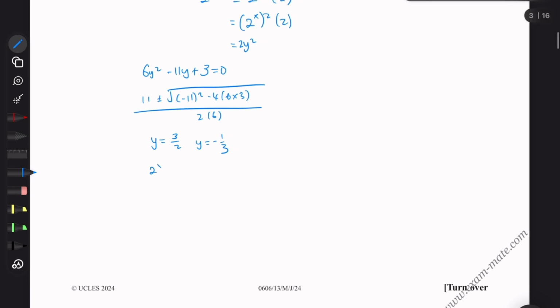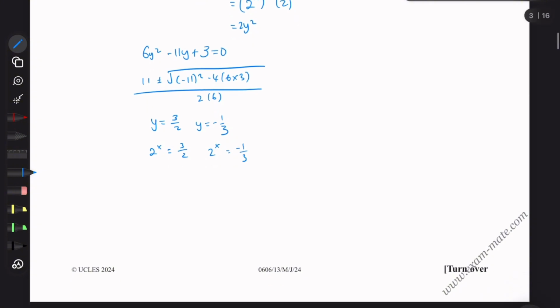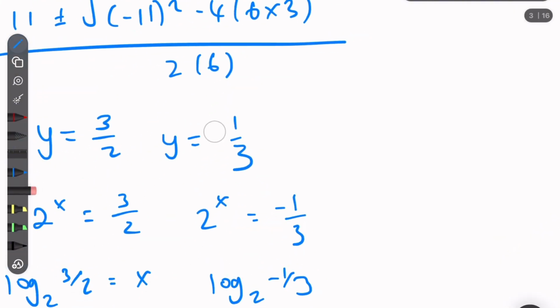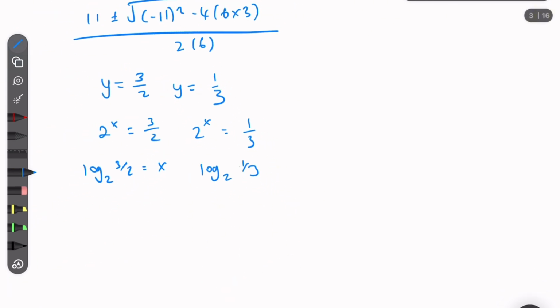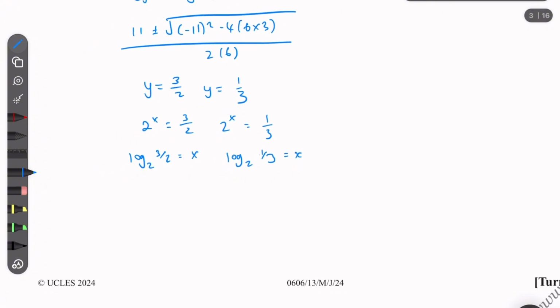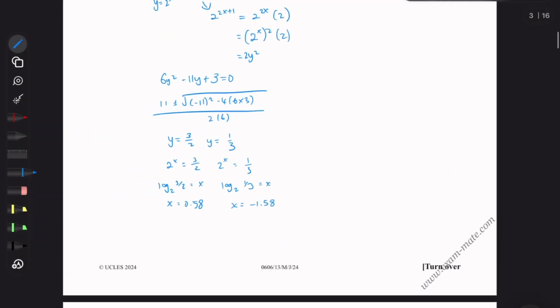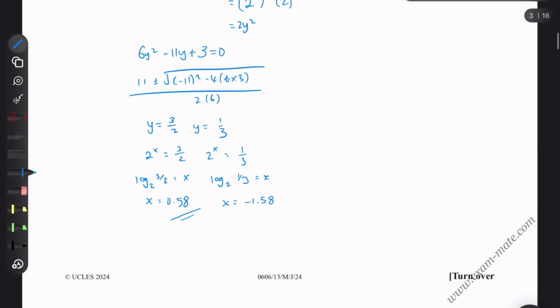And then now to find the x value, we can do this and then use logs to find x. Since they want it in 2 decimal places, leave it in 2 decimal places. Okay, so that's the final answer.